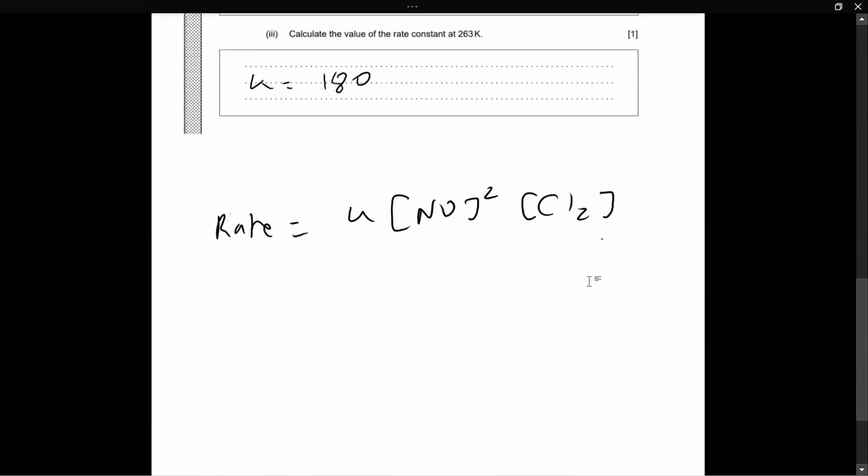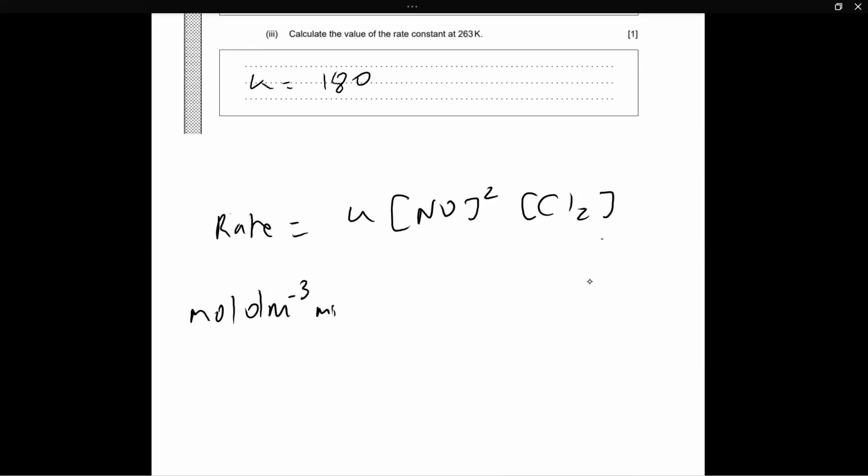So just substitute the units into this expression. So it's mole dm cubed per minute is equal to K times mole dm cubed squared, because remember for NO, times mole dm cubed for chlorine.